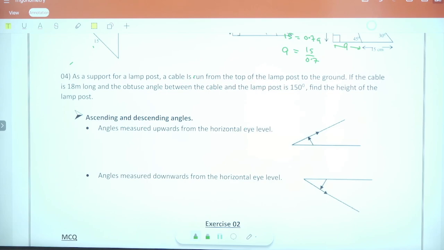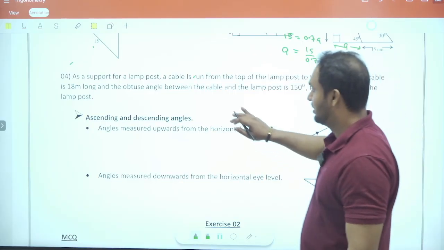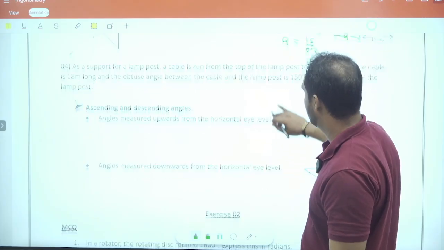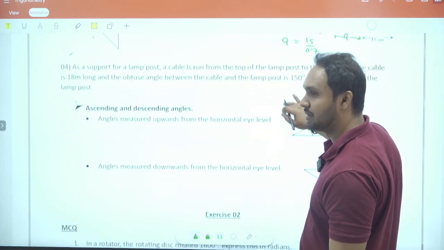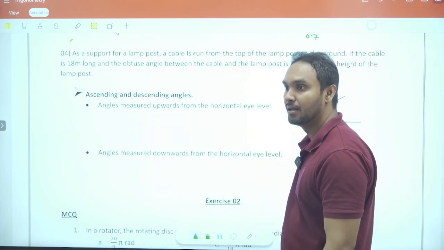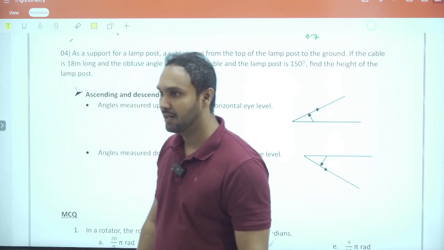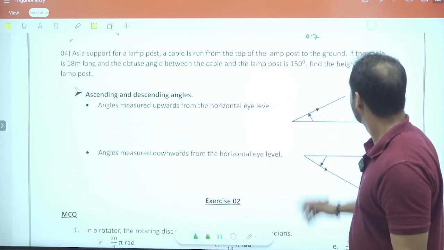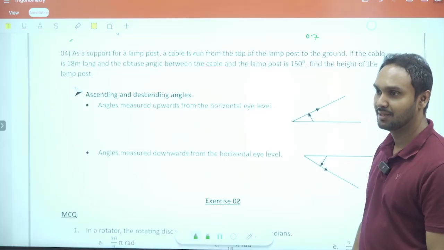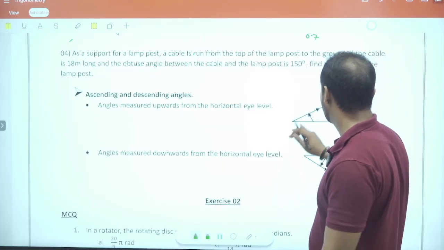Not the ground. Shall I draw it? Find the height of the lamp post. So how do you draw it? Now listen.